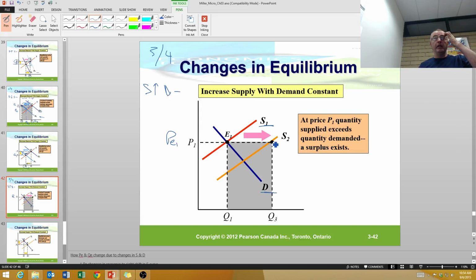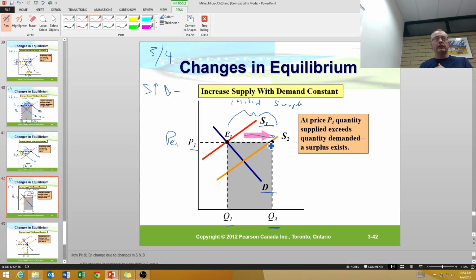So if the supply curve shifts outwards, we're going to have an initial surplus. With this initial surplus, we have suppliers willing to supply quantity Q3, but at that price, buyers only want to buy Q1, so we've got the surplus in the market.